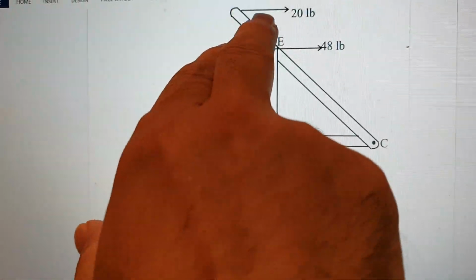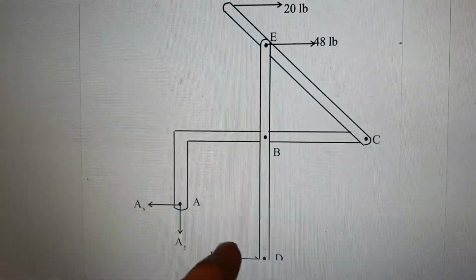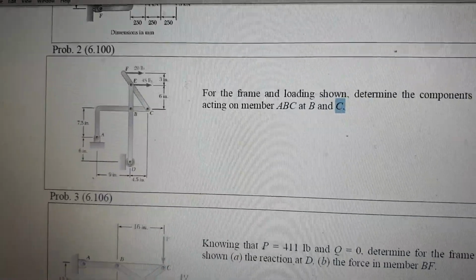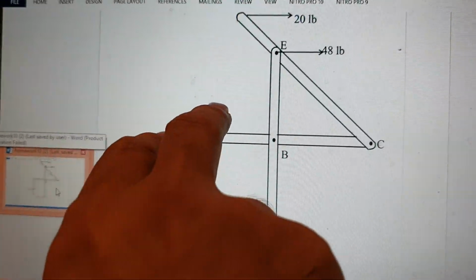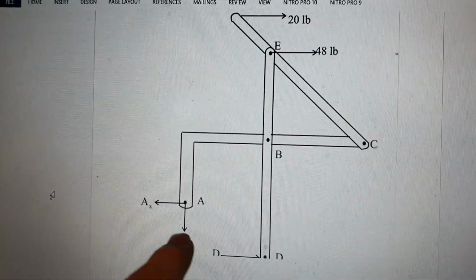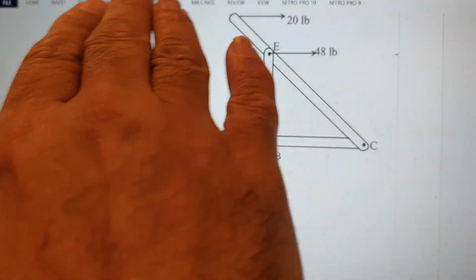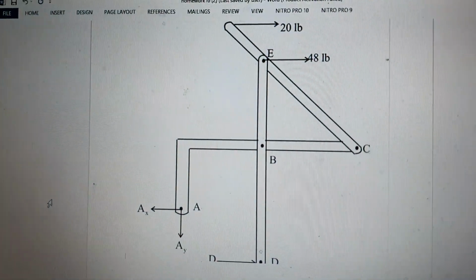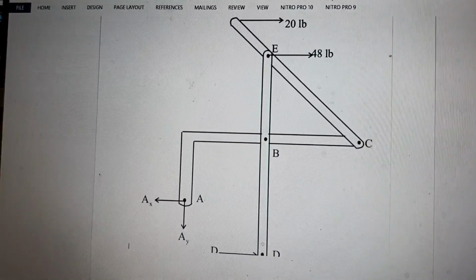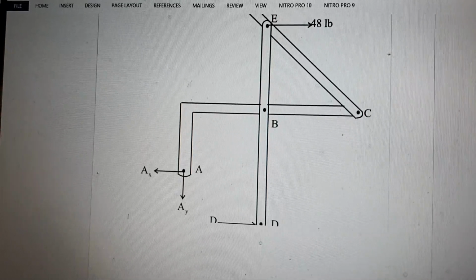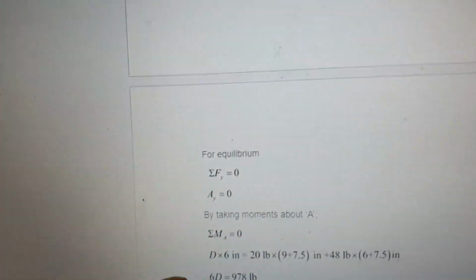Remember here there is one in the x, one in the x, one in the x, one in the x. So all of them are in the x except one in the y. So by taking summation of forces in the y, AY would equal 0. So AY, you can see it equals 0.